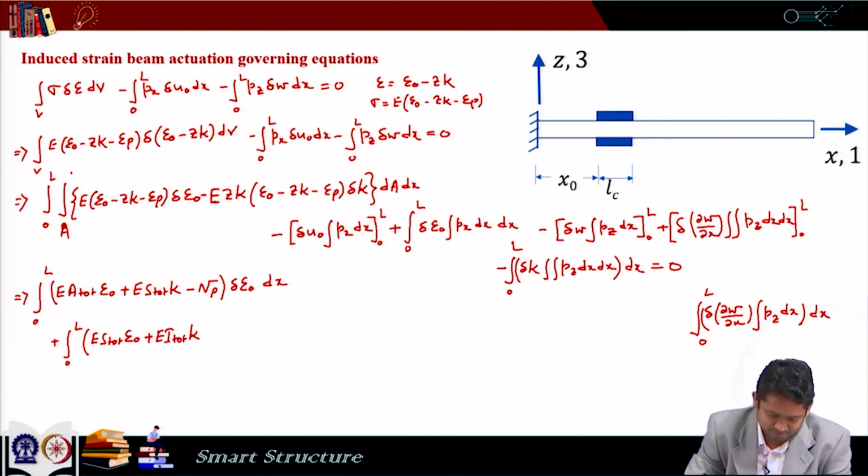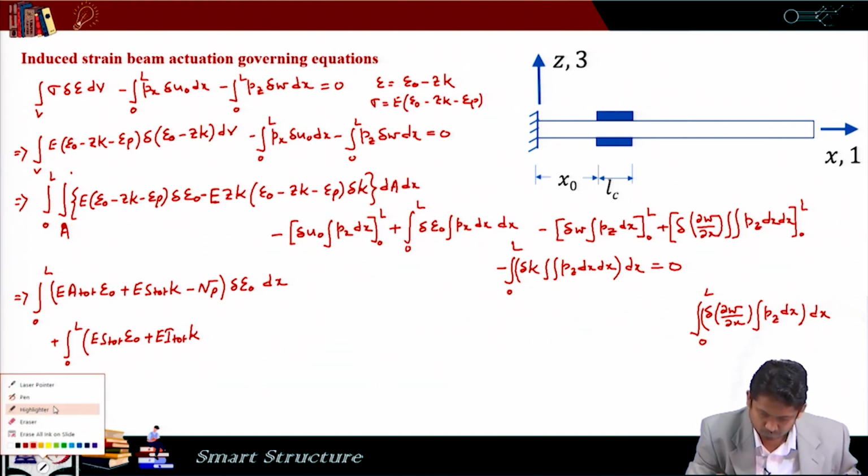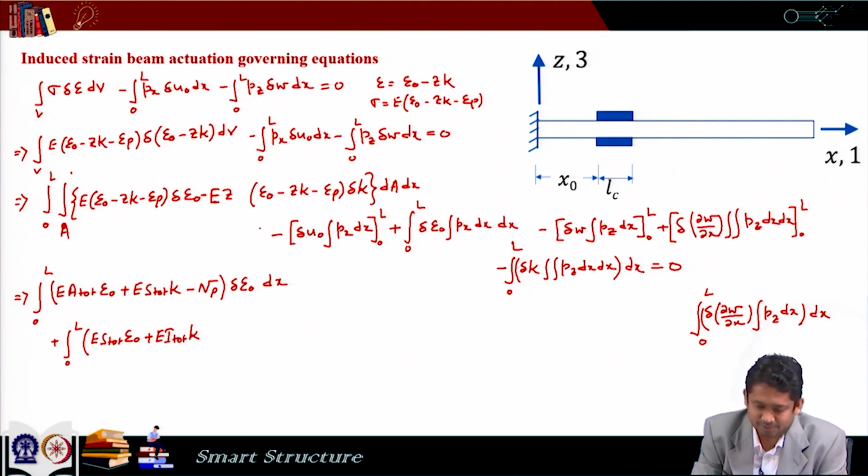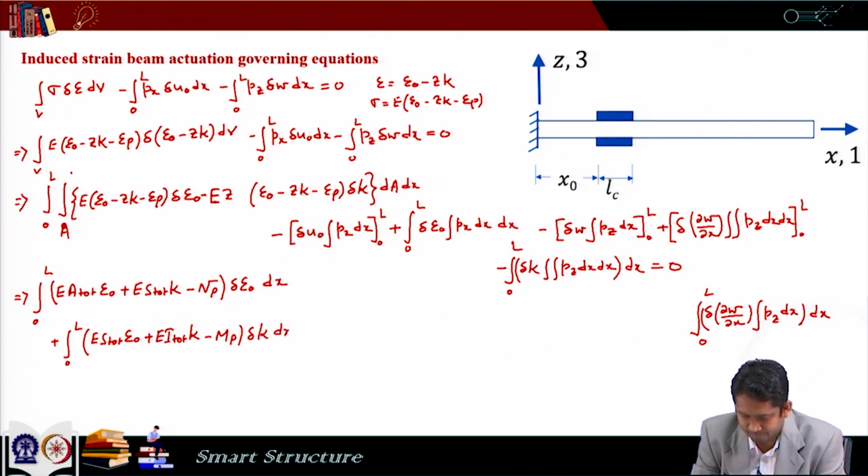The kappa sign should not be there; instead of kappa, E should sit over here. So, that gives me E I total, E z square kappa. So, E I total kappa, and then I have minus M p that we get from these two terms and epsilon p, and that multiplied by delta kappa dx.